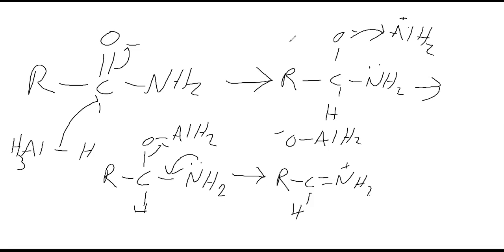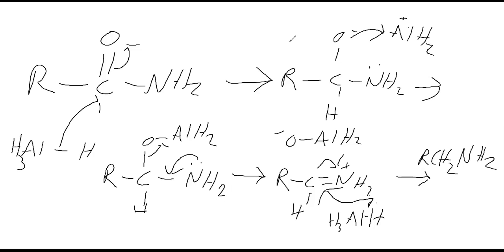And from there, the last step is we have another aluminum hydride, capable of adding to this carbon, kicking the lone pair over there, and that's where we have our R, CH2, H2.